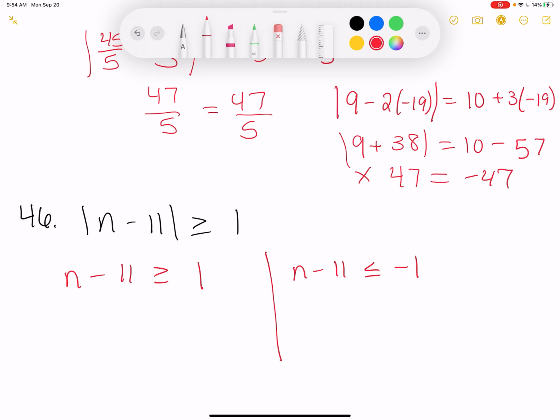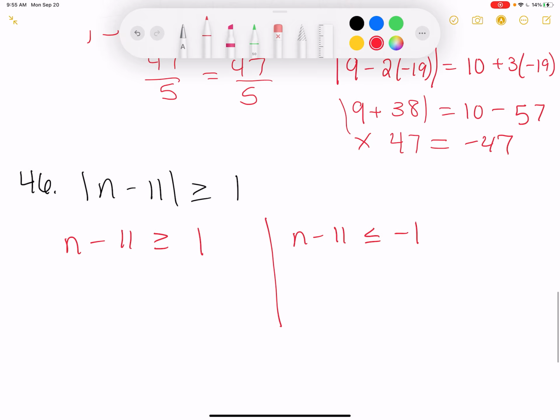Okay, any idea why that sign flips? Because it's a negative. Okay, it's the equivalent of if you multiply or divide by a negative normally when you're doing inequalities. It's the same principle. So now this gives us, add 11, so n is greater than or equal to 12.